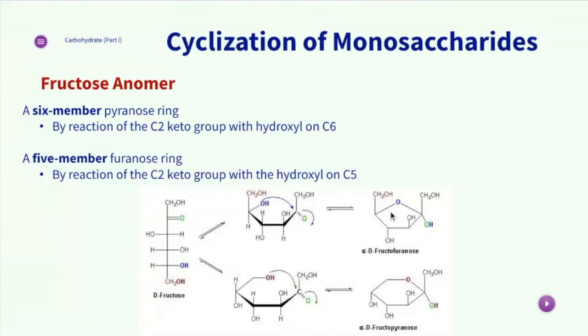So it can form both furanose and pyranose, depending on the interaction of C2 with C5 or C2 with C6. If the C2 carbonyl reacts with C6, it will form the pyranose ring. If the C2 reacts with C5, it will form the furanose ring.